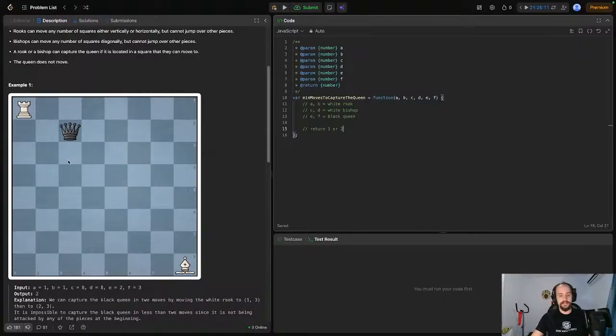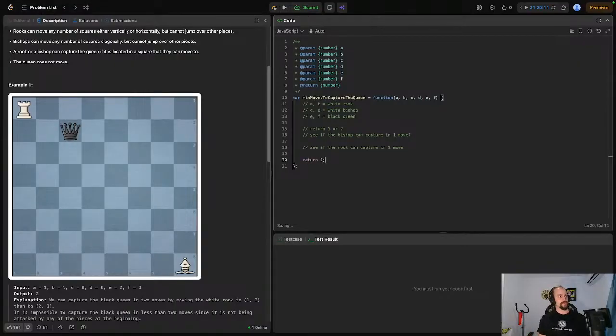So my idea is: see if the bishop can capture in 1 move, then see if the rook can capture in 1 move. Else, return 2.